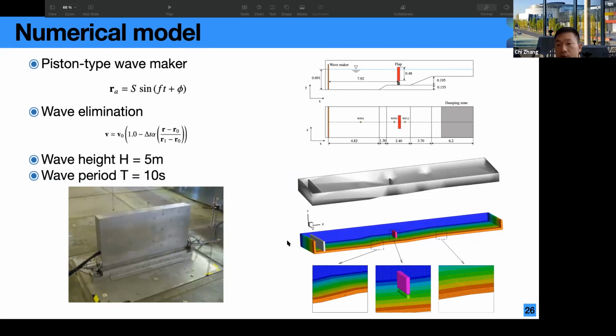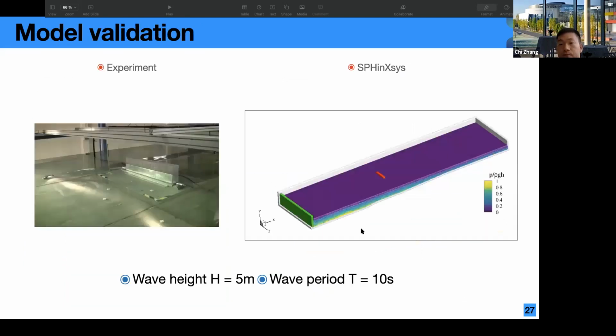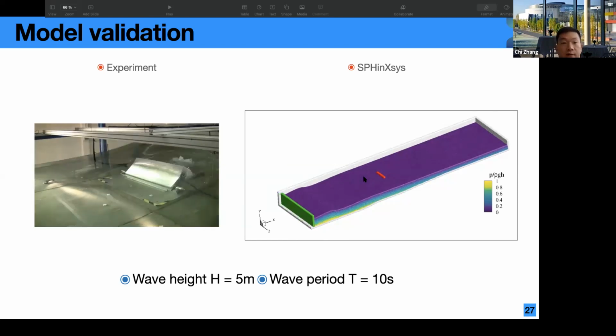This is the geometry, and then we can create the particle distribution. This is the simulation result of the wave interaction with the oscillating wave surge converter. As you can see here, during the interaction, the flap has a very violent rotation as the wave interacts with the structure.